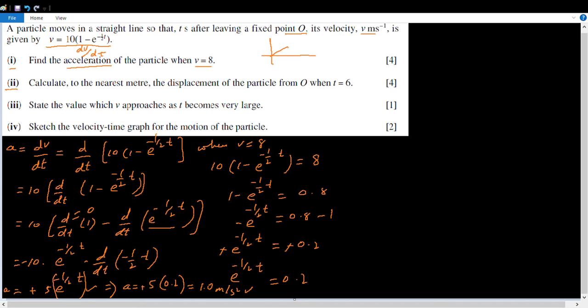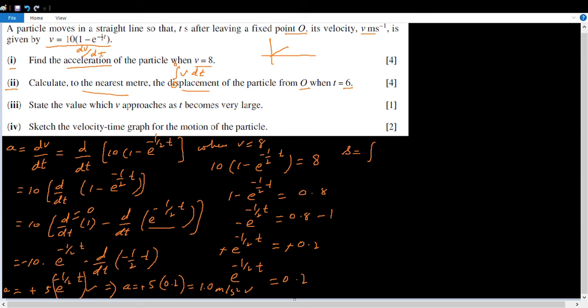Now the second part is to calculate, to the nearest meter, the displacement. Displacement is the integration of velocity. Fine. So from 0 to 6, these are the limits. So let's find the value of the displacement. Obviously we will integrate right here.